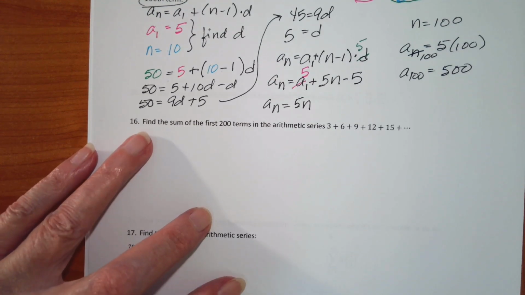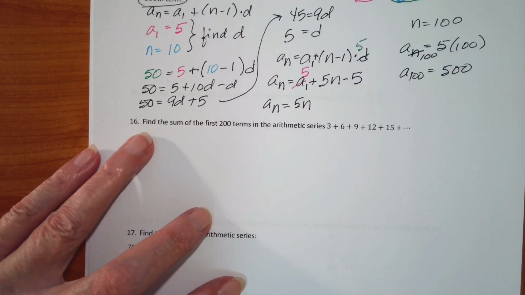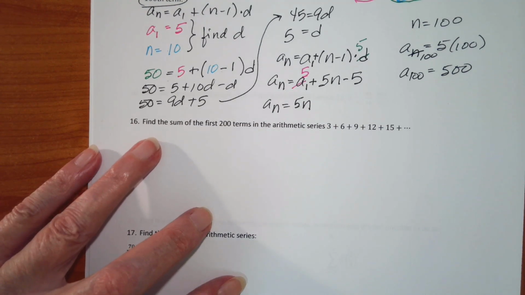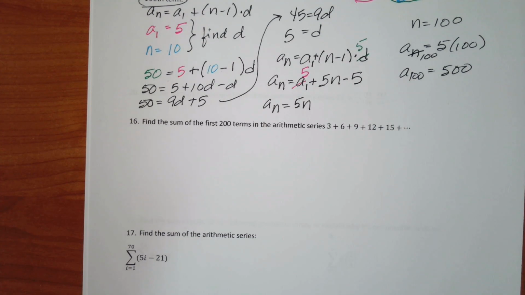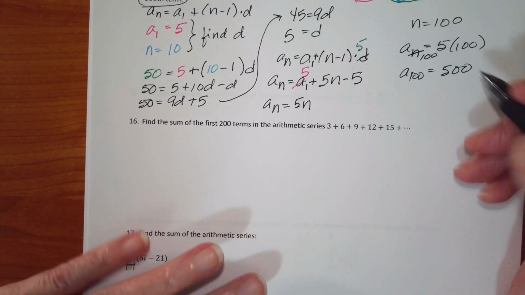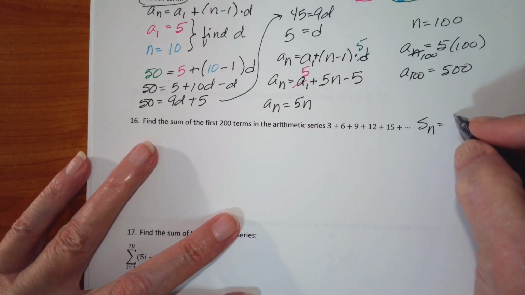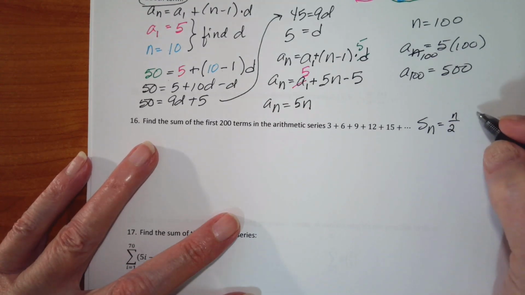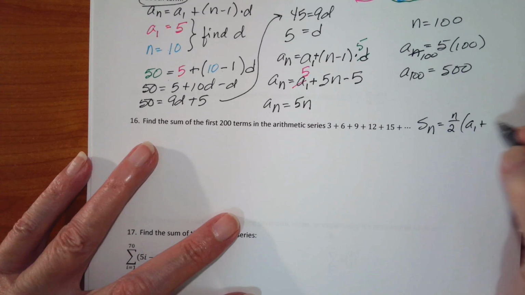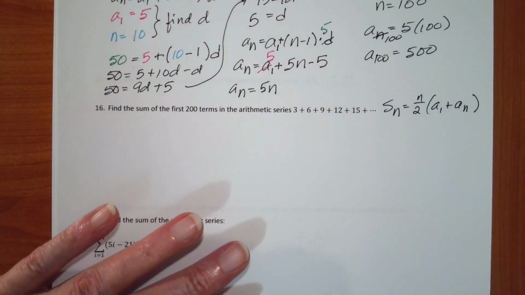Okay, so find the sum of the first 200 terms of this sequence. The formula I'm going to use here is the sum of the sequence is n divided by 2 times a sub 1 plus a sub n, because I don't know what a sub n is.